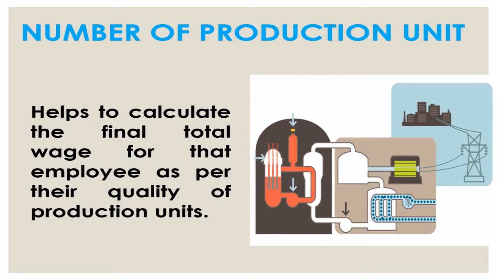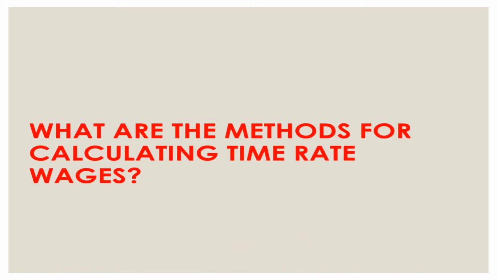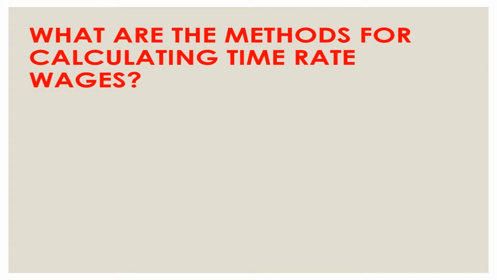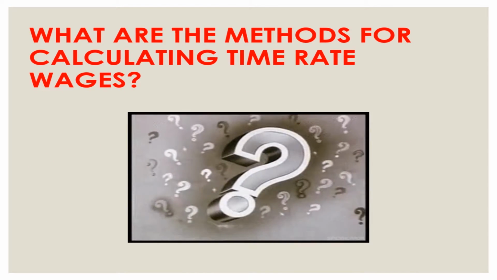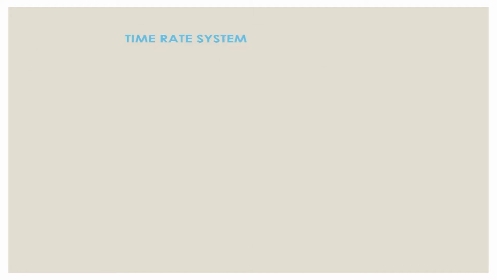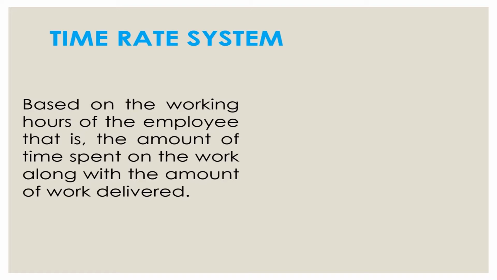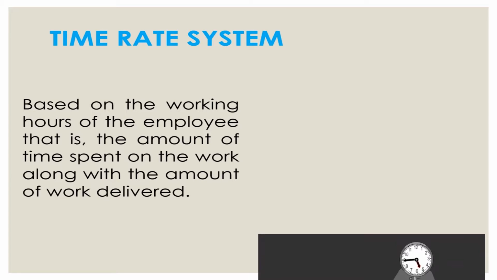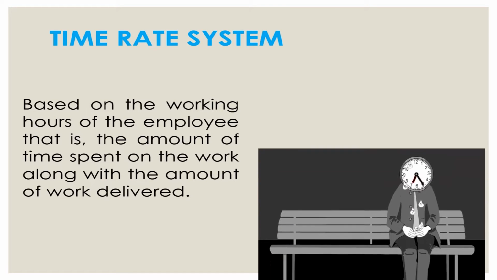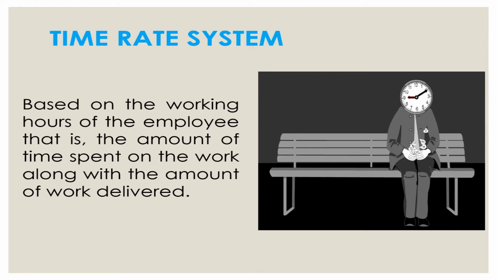Moving on to the methods which are generally adopted for calculating time rate wages. Time rate system. This time rate system calculation is based on the working hours of the employee, that is the amount of time spent on the work, along with the amount of work delivered.